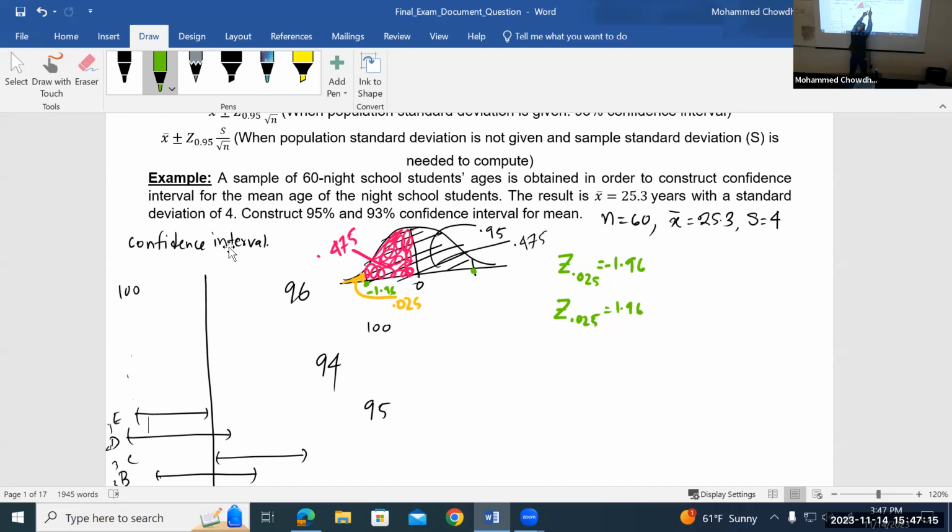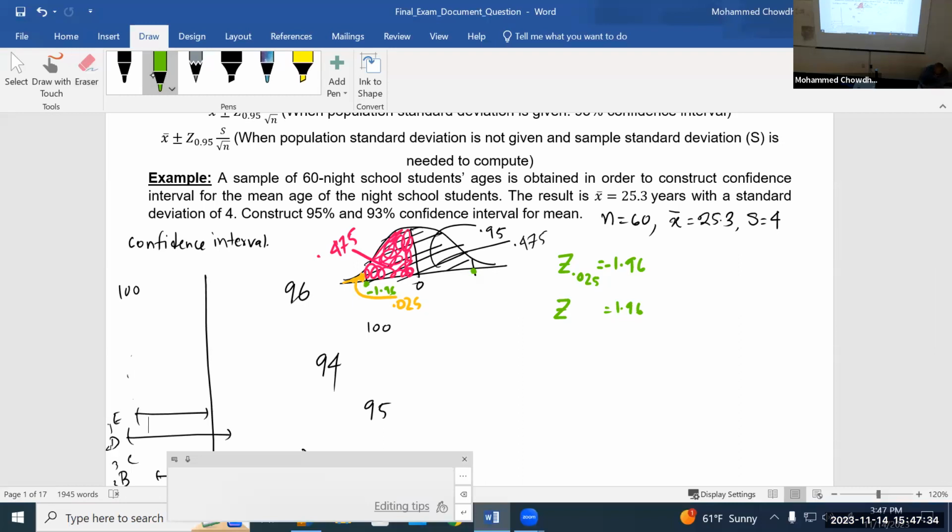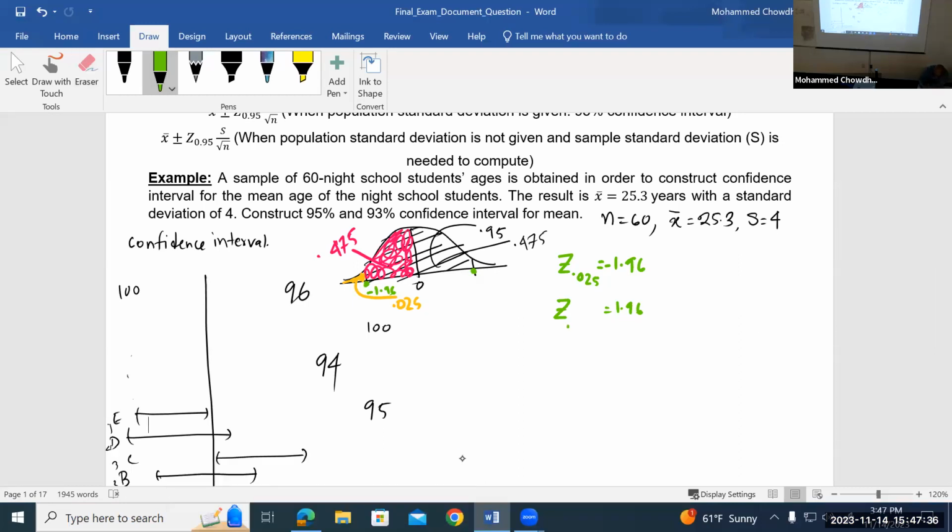So for 0.025, this value is 1.96, and for 0.025, this value is negative 1.96. Are you understanding? So in terms of notation, when we write in this format, we write 0.975. Do you understand now? Who is confused?